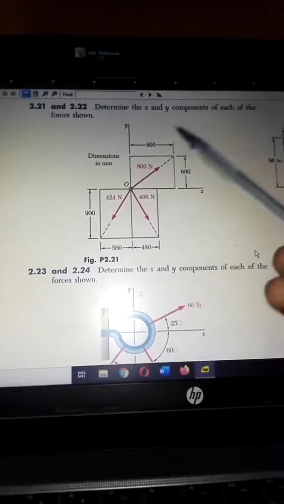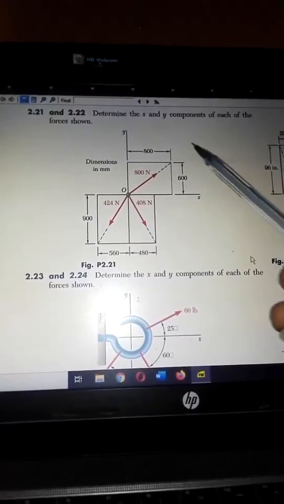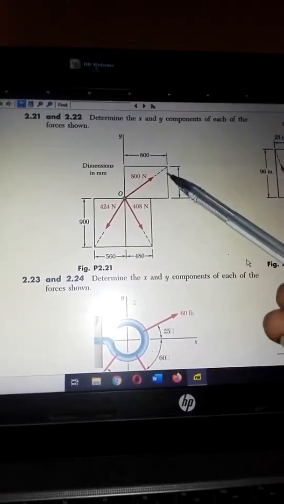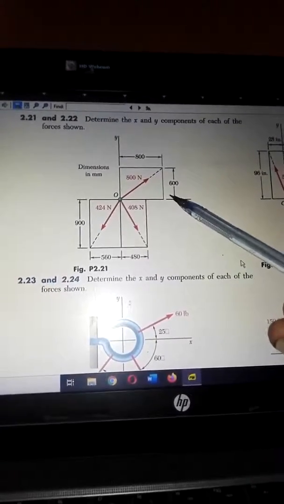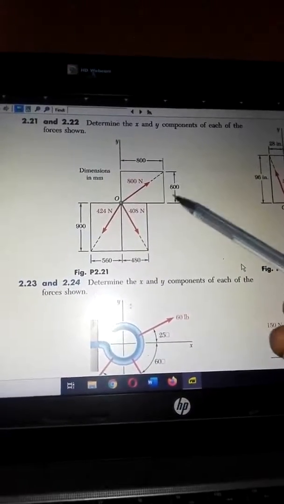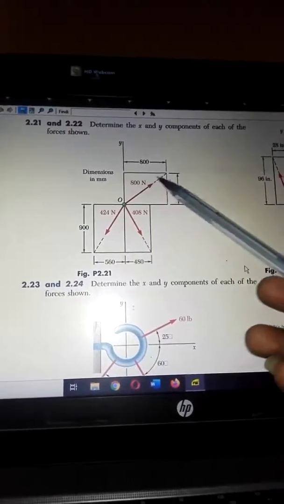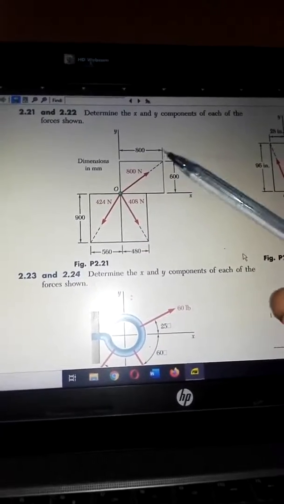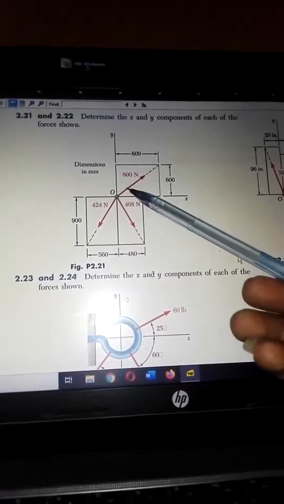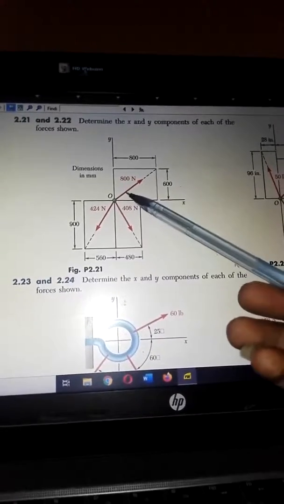But an interesting thing about situations like this, where you have dimensions given instead of angles, is that you know this from here to here is 600, and from here to here is 800. You should have in mind what we call the Pythagoras triples. This is a right angle triangle, for instance.